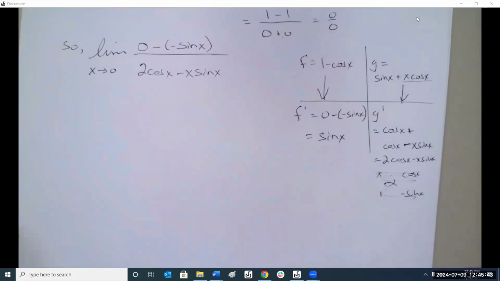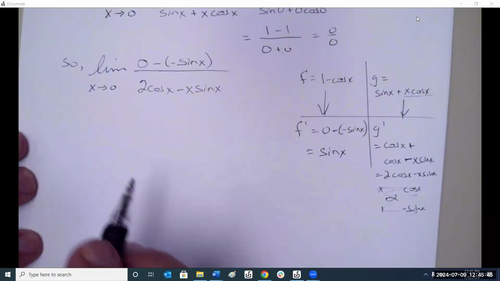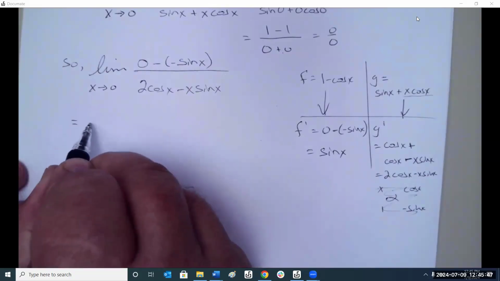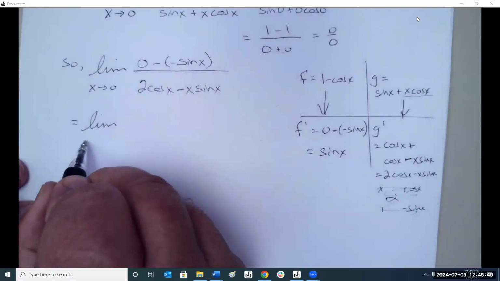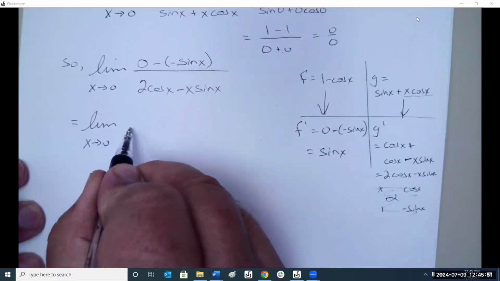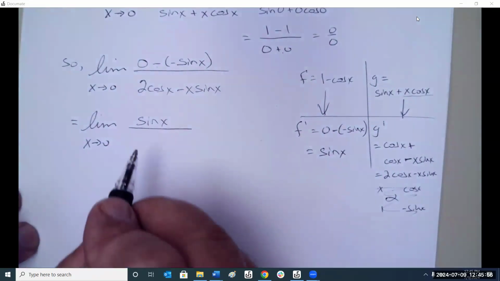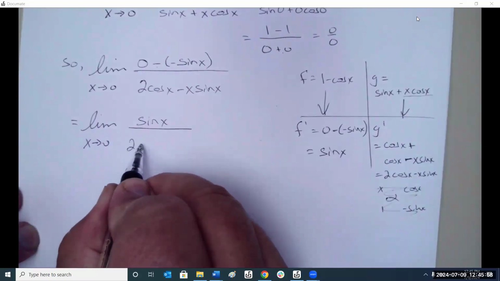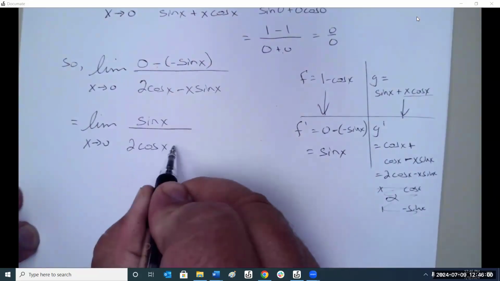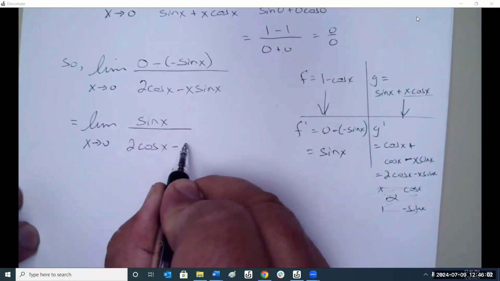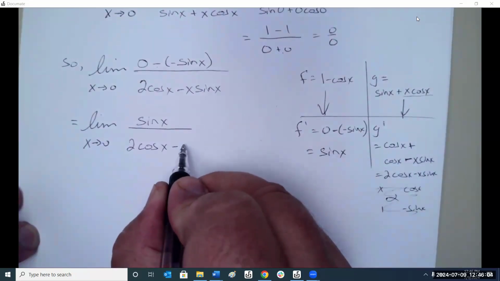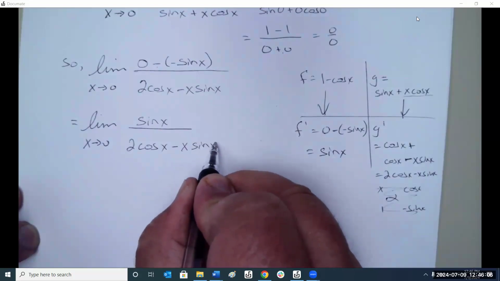These are my derivatives, numerator and denominator. So the top is just sine x, over 2 cosine x minus x sine x.